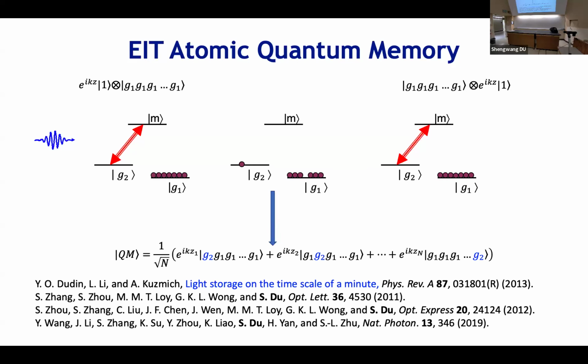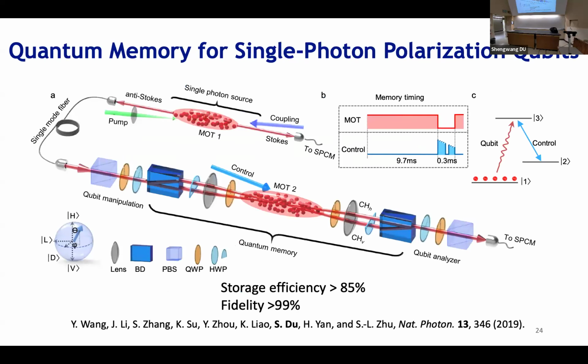We demonstrated a few years ago that for a single photon qubit, the total efficiency of storing in and reading out is more than 85%, and the fidelity can be more than 99%. So we solve the interface problem. We can convert the photon into an atomic state and then read it out. That's because we are not using a single atom. We are using many atoms.